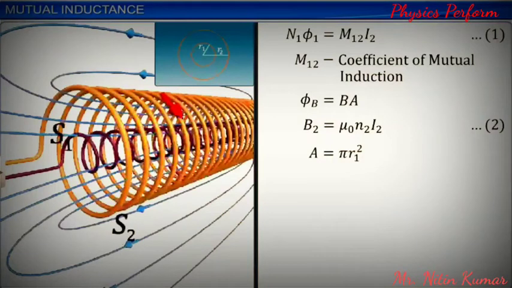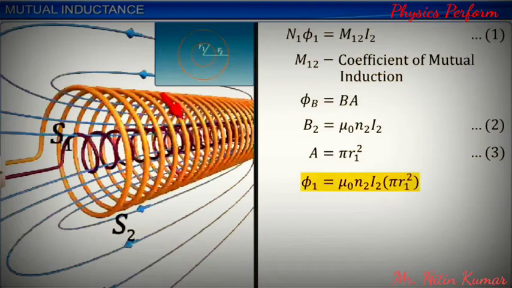Let this be equation 3. Multiplying equations 2 and 3, we get the value of the magnetic flux in the coil of solenoid S1 as phi 1 equal to mu naught n2 I2 into pi R1 square. Let this be equation 4.